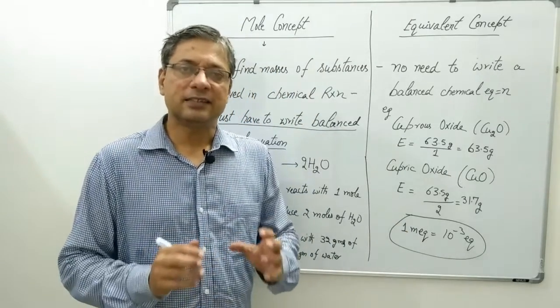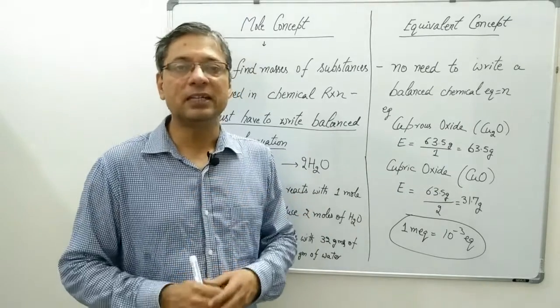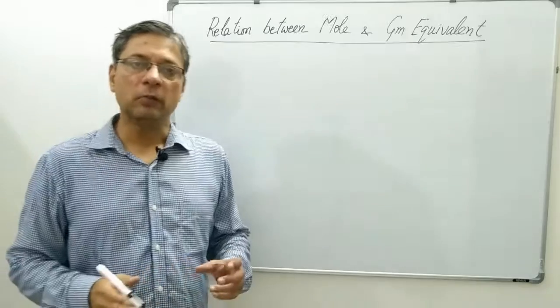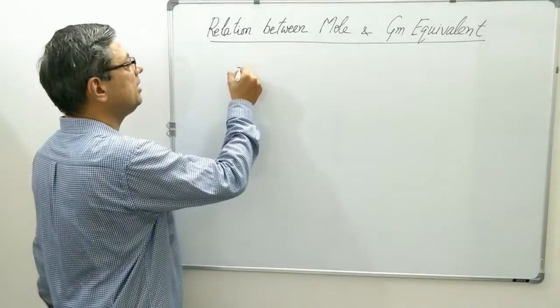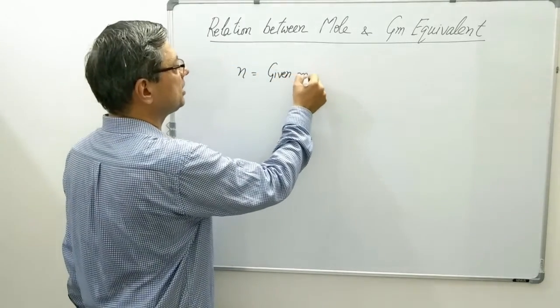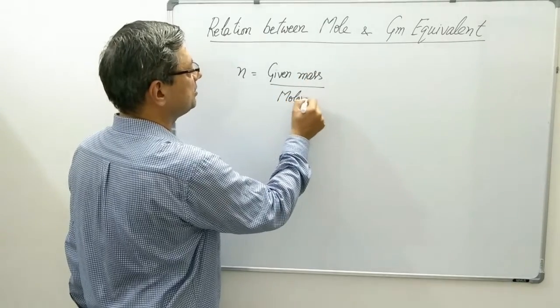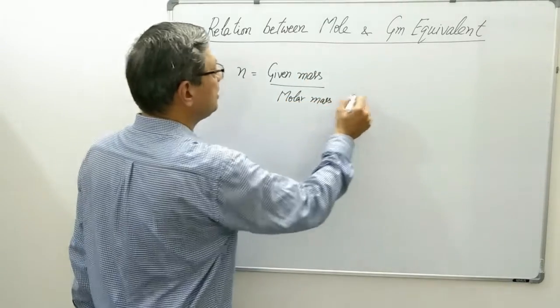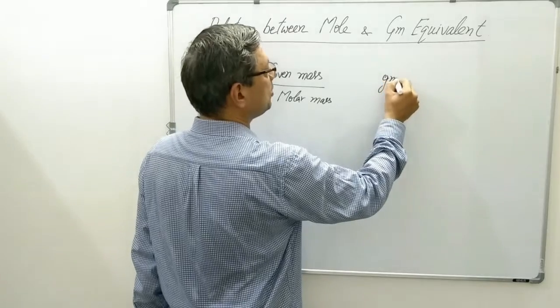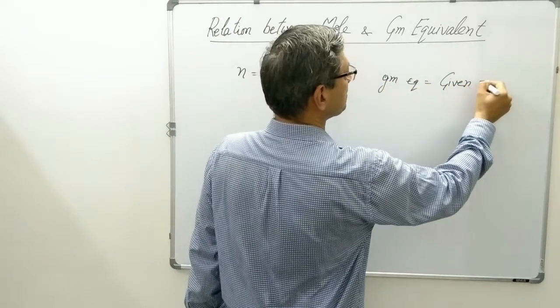Now let us understand the relationship between a gram equivalent and a mole. The formula for calculating moles is n equal to given mass of a given substance upon molar mass of that substance. Similarly, the gram equivalent formula is given mass upon equivalent mass.